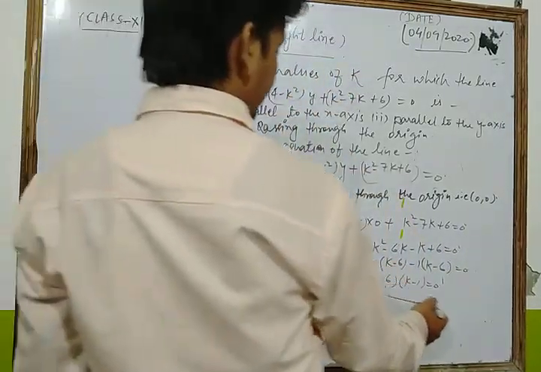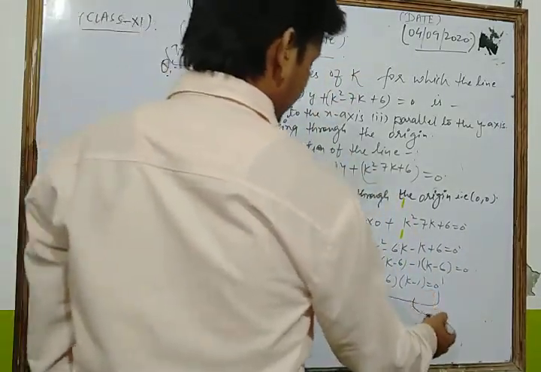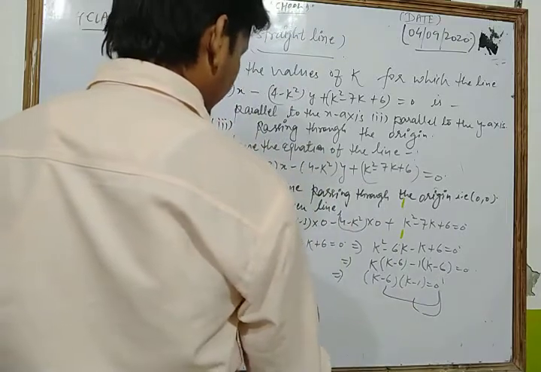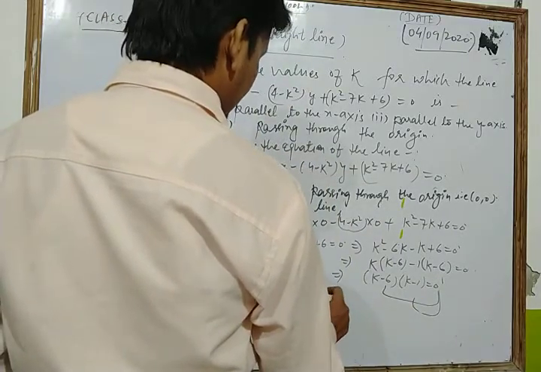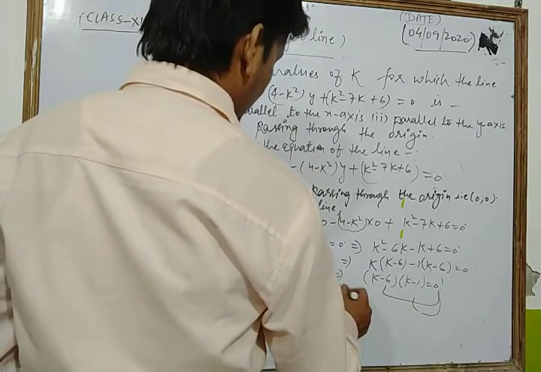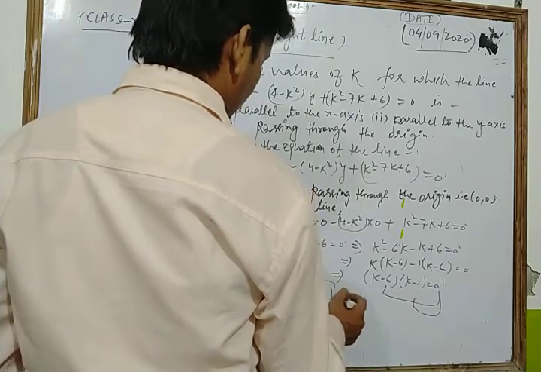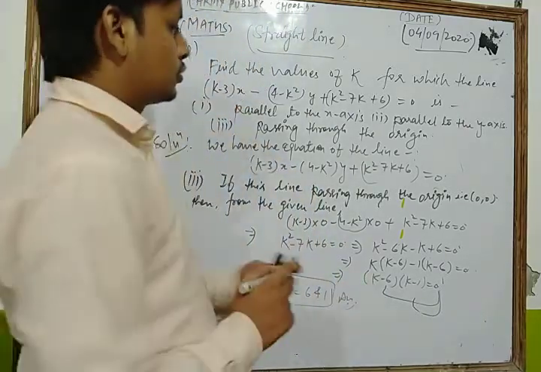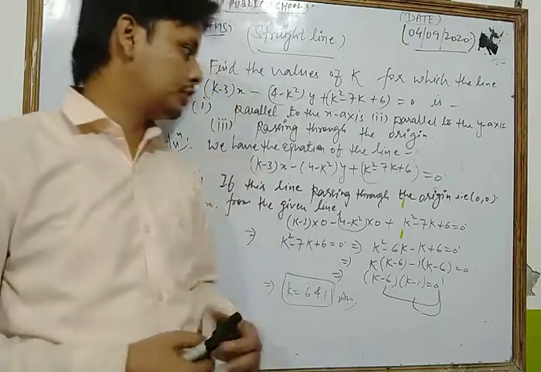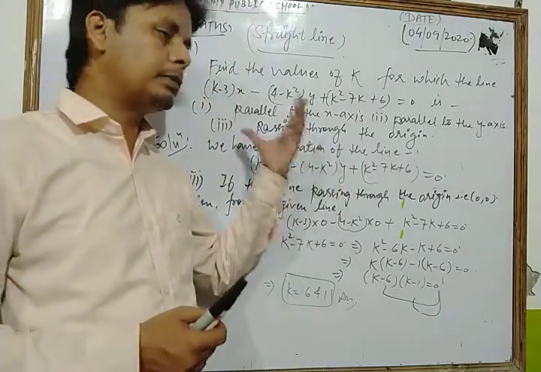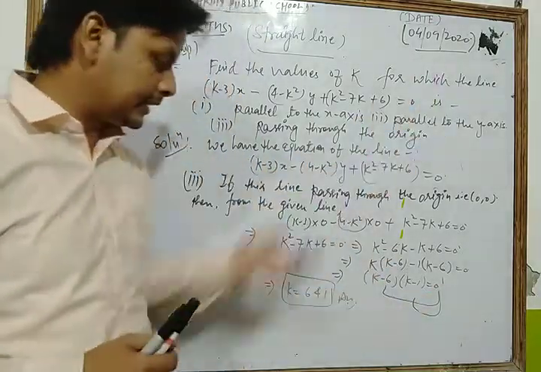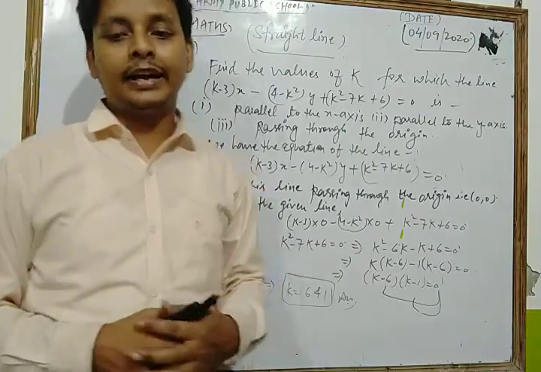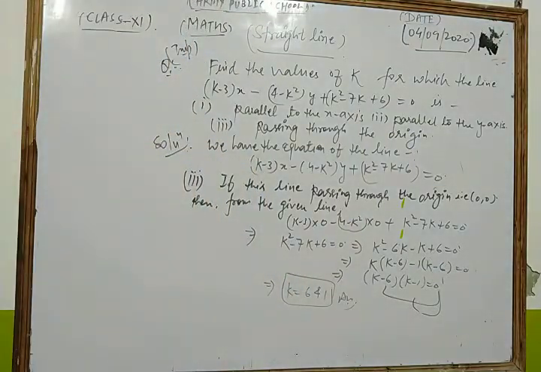If k minus 6 is equal to 0, or k minus 1 is equal to 0, in each case the value of k is 6 and 1. Thus, dear students, in the third part of this question, if the line passes through the origin, then the value of k is 6 and 1.